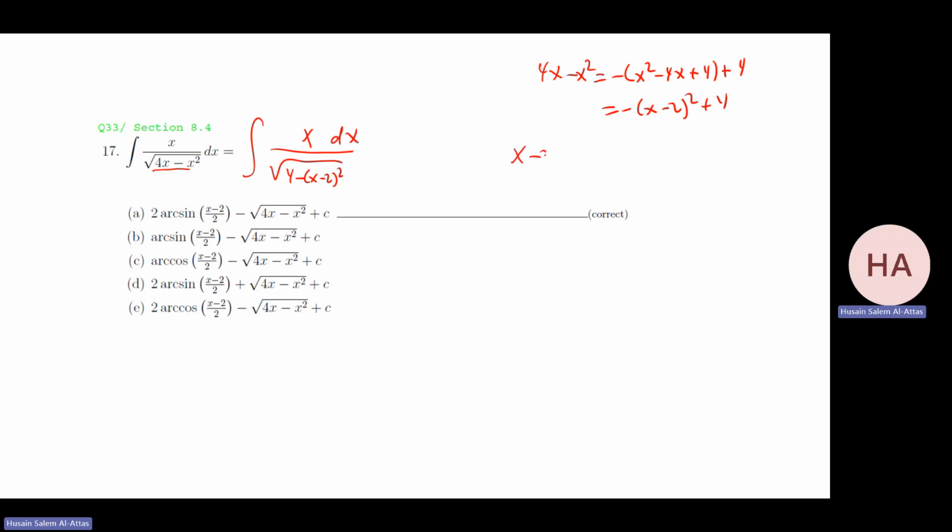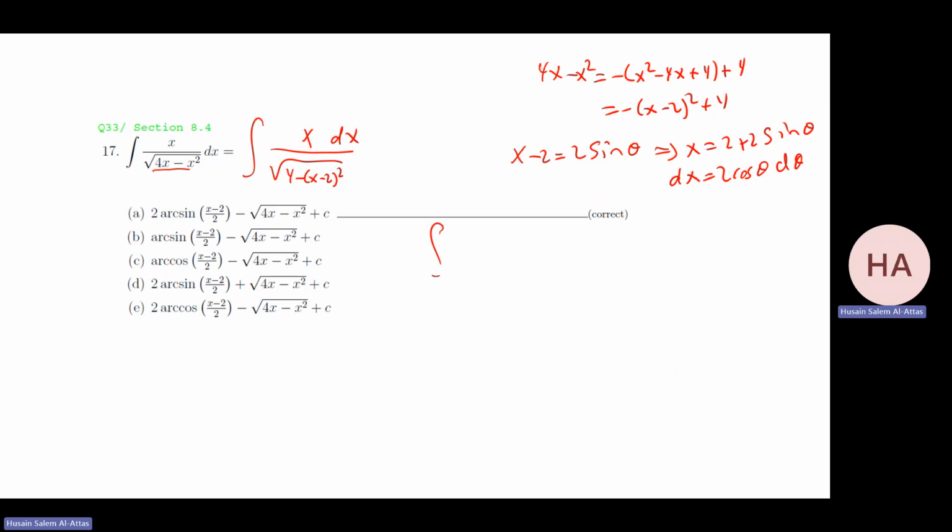So I have x minus 2 equal to 2 sine theta, which means x is 2 plus 2 sine theta. dx will be 2 cosine theta d theta. Plug in this substitution.